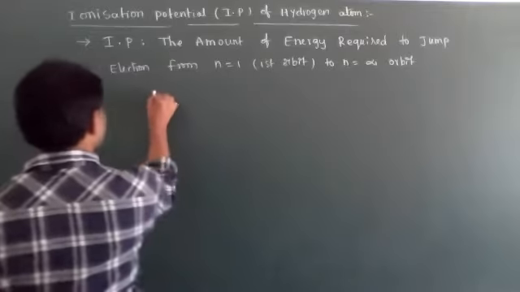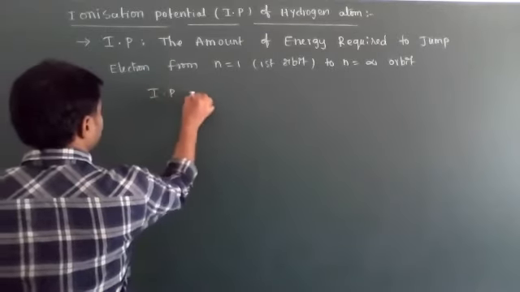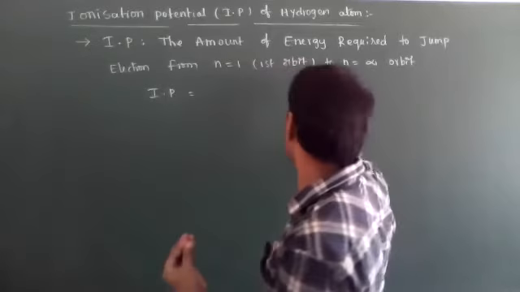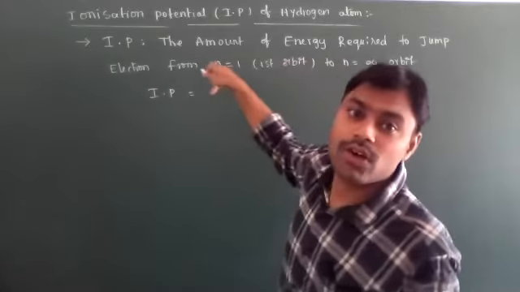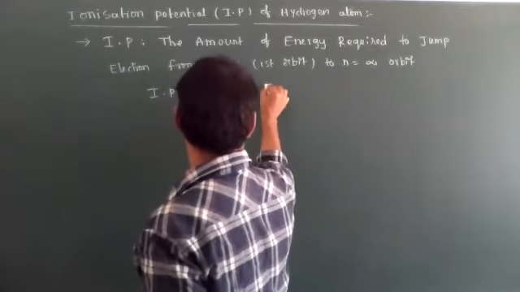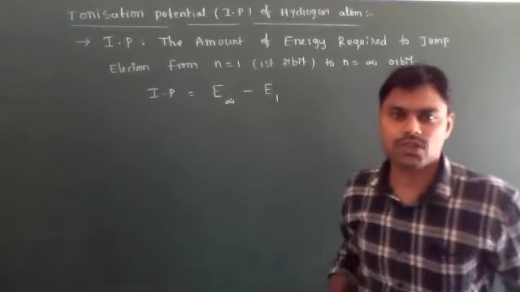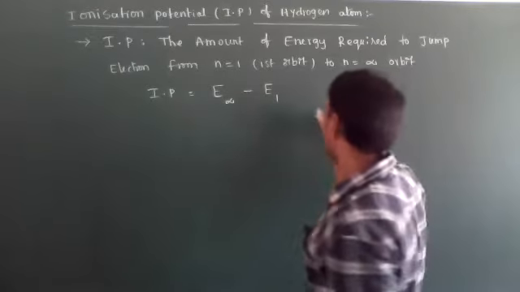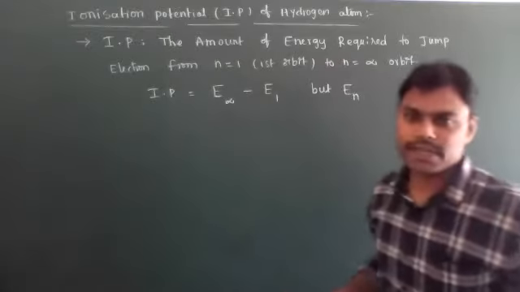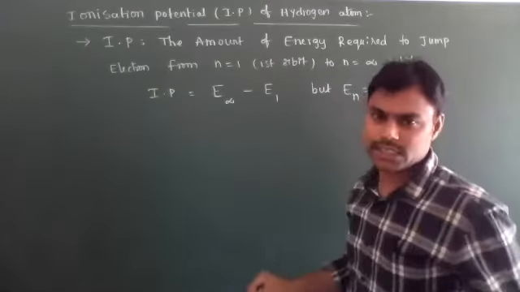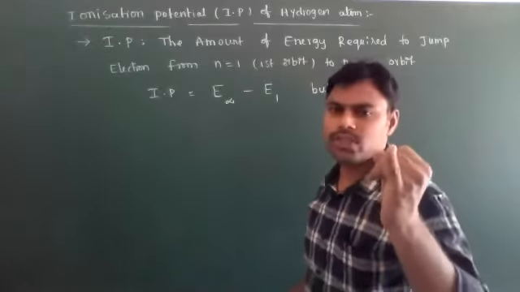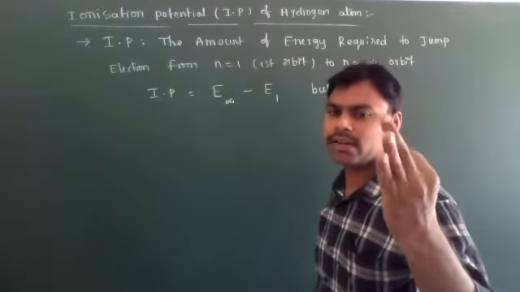So according to that, ionization potential is nothing but the energy difference between the infinity level and the first level, means E infinity minus E1. That difference is known as ionization potential. But we know that the energy of the nth orbit, En, can be written in units like joule per atom, erg per atom and electron volts per atom.